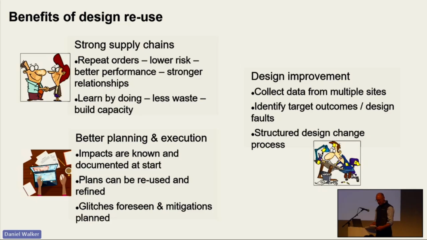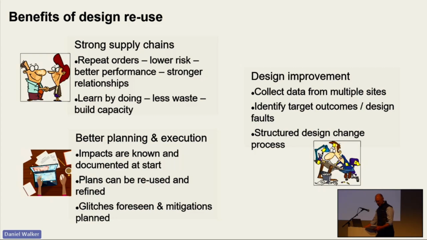Now, this slide gives you three main benefits of design reuse, otherwise known as standardization, in capital projects such as wind farms or other capital projects. To start with, it helps with building a supply chain with lower costs. And this is primarily because contractors find it easier and less risky to do something for the second and third time than they do to do it for the first time.